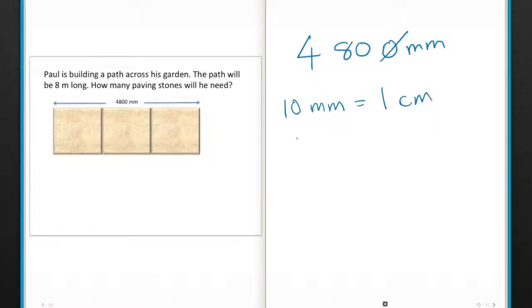And then I need to get from centimetres to metres. So I'm starting at centimetres and going to metres. I'm going from 100 to 1. To get from 100 to 1, I need to divide by 100. So my decimal point is here, 1, 2. So it would be 4.8 metres.